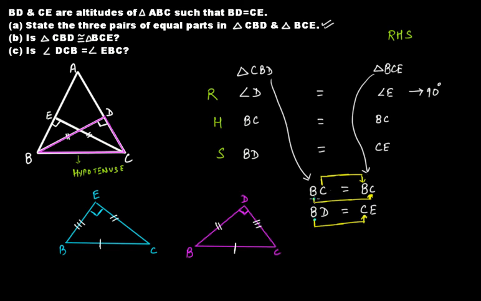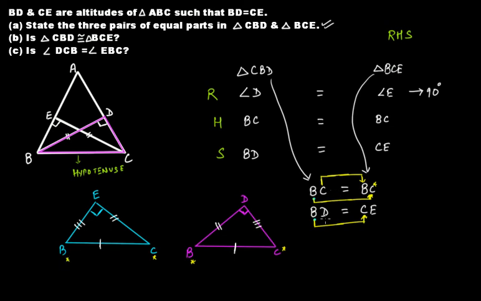Again, this B vertex is of which triangle? Triangle CBD. This one will cover vertex C of triangle BCE. This C vertex of triangle CBD will cover which vertex? Vertex B of triangle BCE.